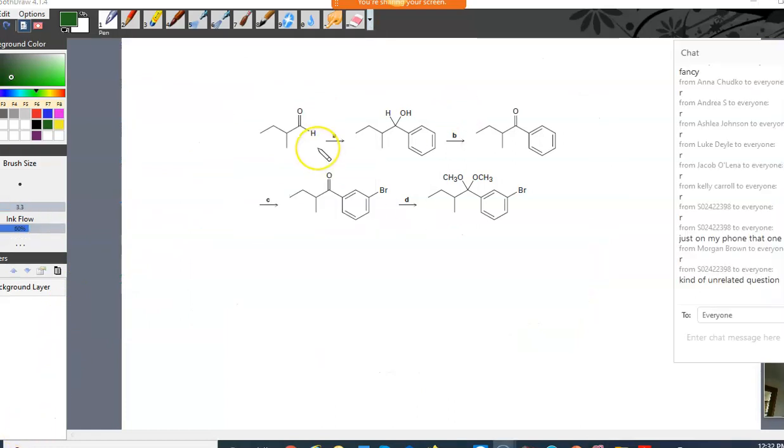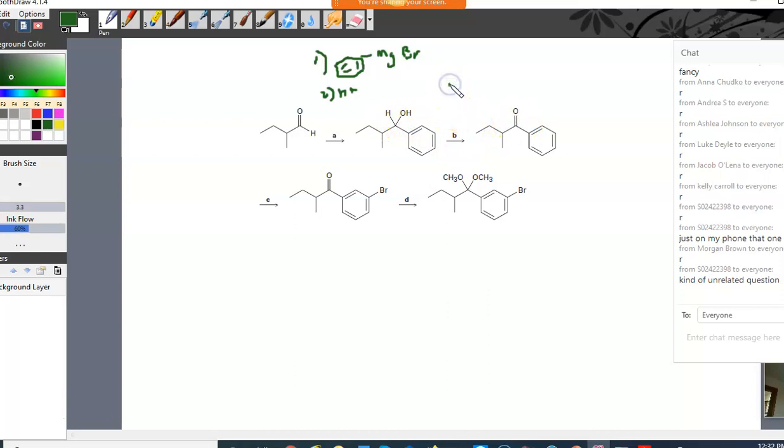Okay, so to go from the aldehyde to the aromatic alcohol, we're obviously doing a Grignard. So the first step is adding the phenyl Grignard. And then the second step is adding acid. And then to get to the ketone, you have to oxidize this.